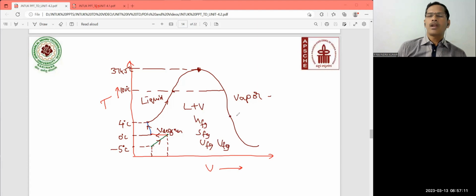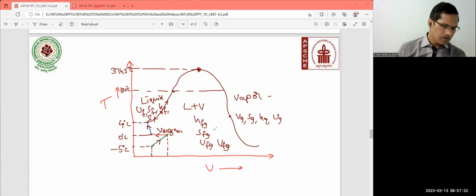At this side you find vg, sg, hg, ug. And at the left side of this dome, on the line, you find uf, sf, hf, and vf. So these are where the student is going to make the calculations.